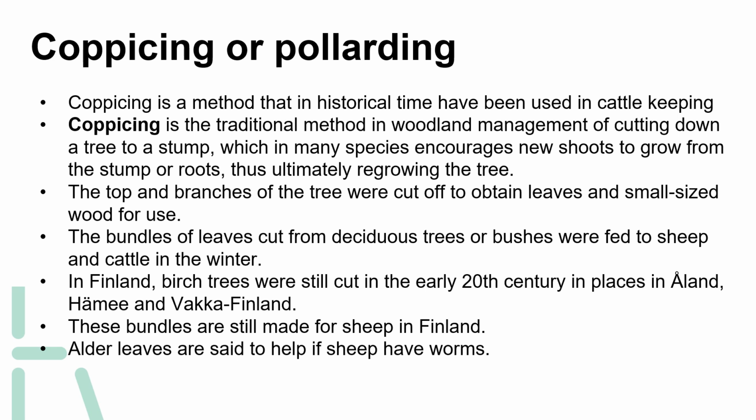As a result of this, also the trunk, the stem of the tree, will become bigger and bigger, and you can easily recognize in nature if a tree has been coppiced or pollarded. So these both words, coppicing and pollarding, you find in literature on this method.